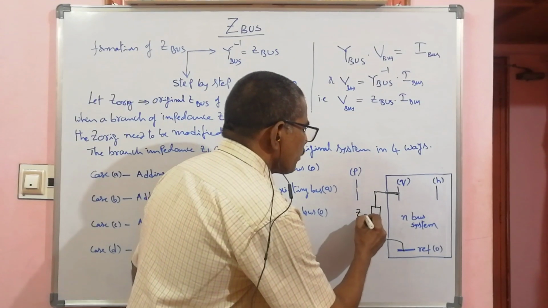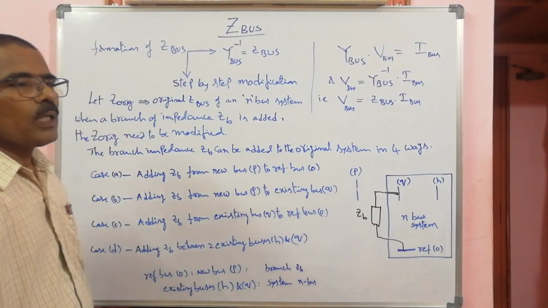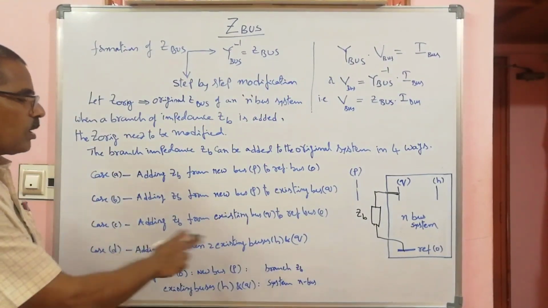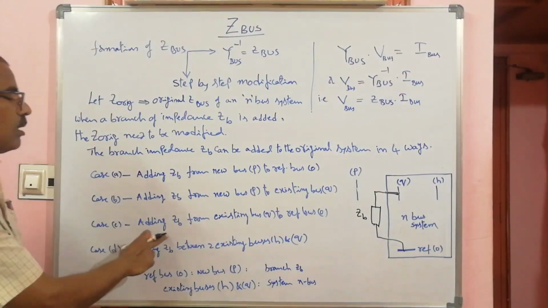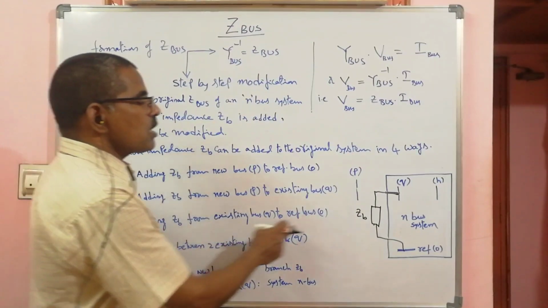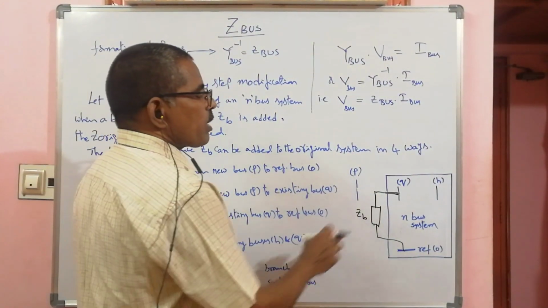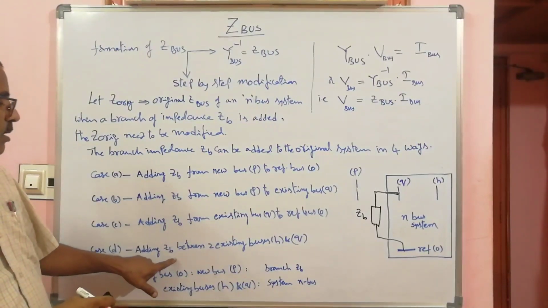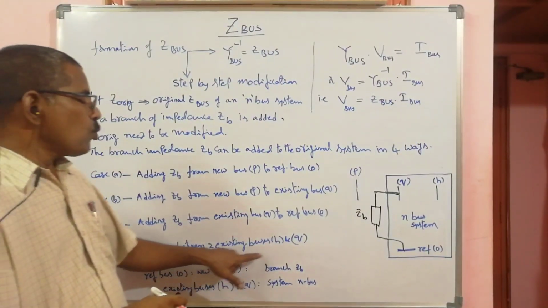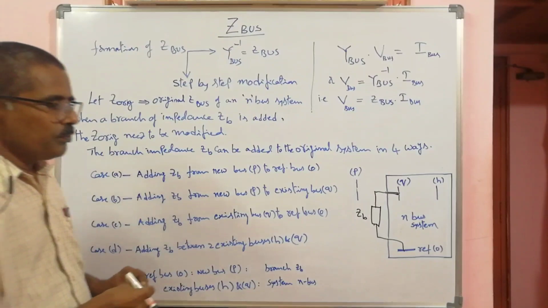This is ZB. That is the third case, case C, adding ZB from existing bus Q to reference. Then fourth, adding ZB between two existing buses H and Q.